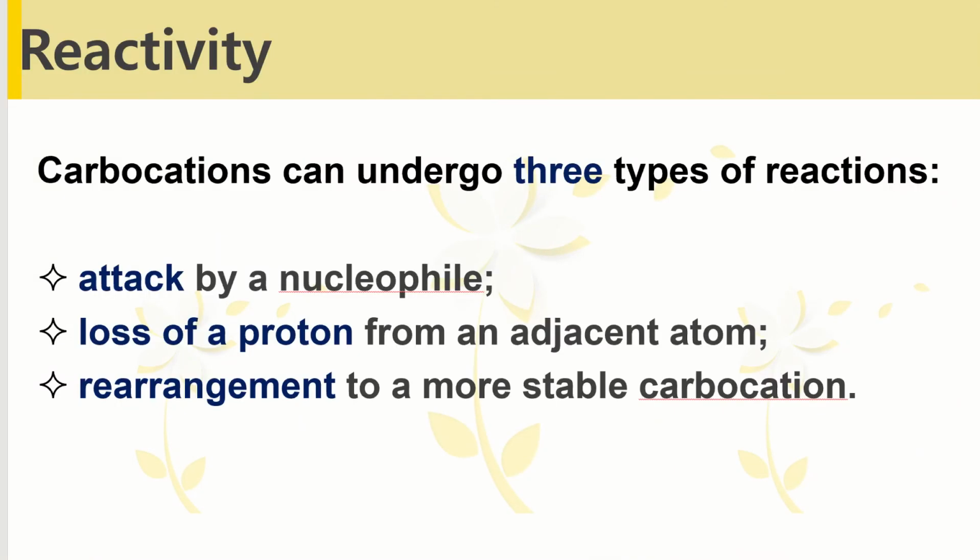All right, so as we did with our carbanion, we're looking here at the reactivity of the carbocation. So what kind of reactions can carbocations undergo? Well, they undergo attack by a nucleophile, loss of a proton from an adjacent atom, and also rearrangement to a more stable carbocation, which I'm sure you know all 3 of these already.